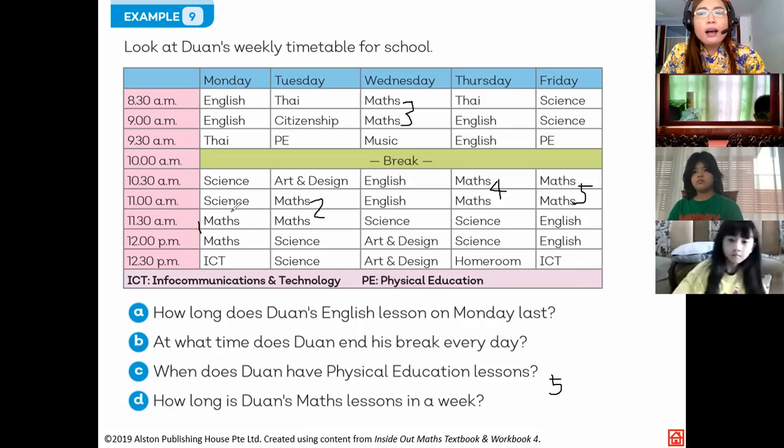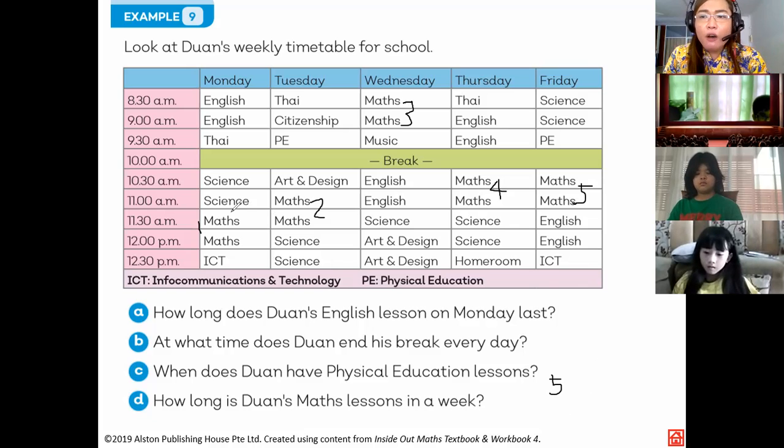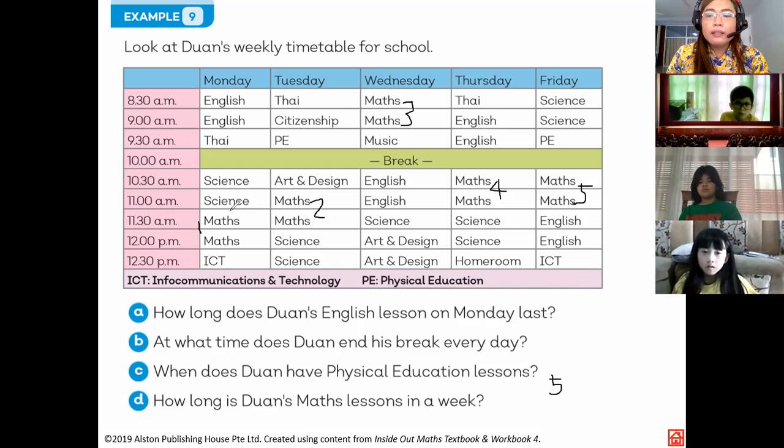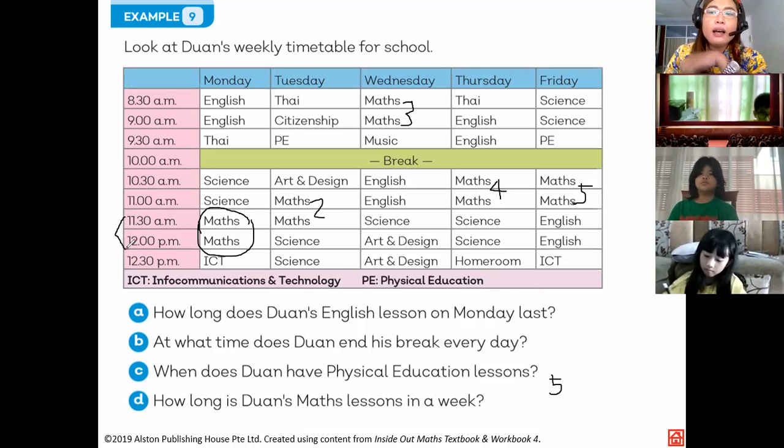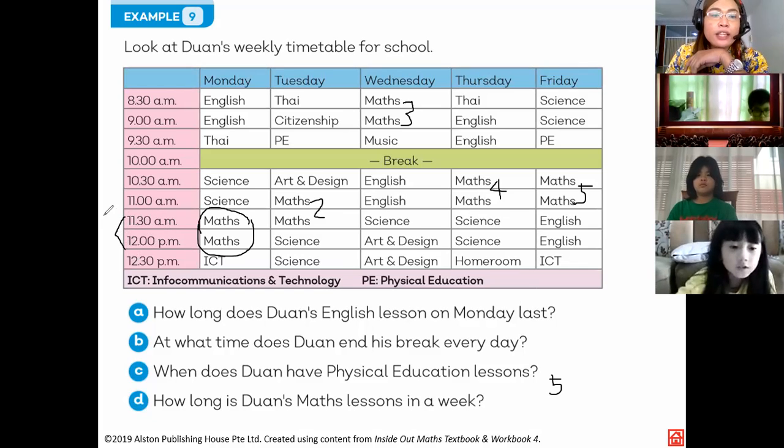And how many minutes does Duan's math lesson last? For Monday, this one. How many minutes? 11:30 a.m. and 12 p.m. How many minutes? From 11:30, 30 minutes. Okay, 30 minutes.